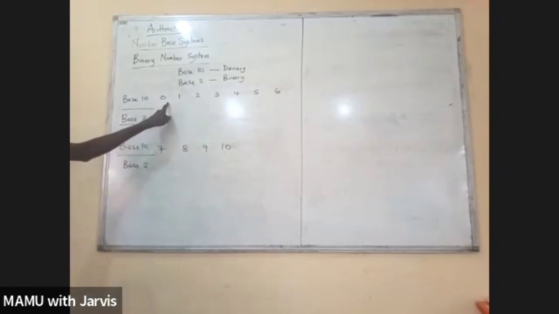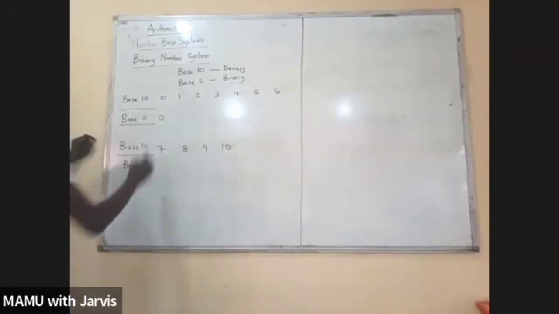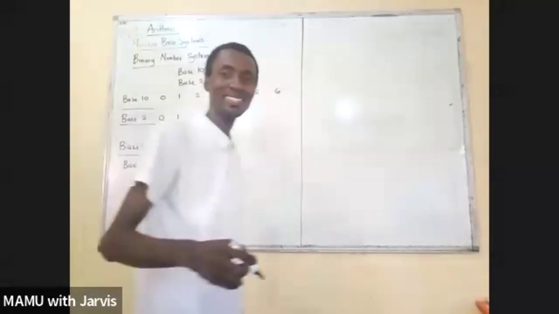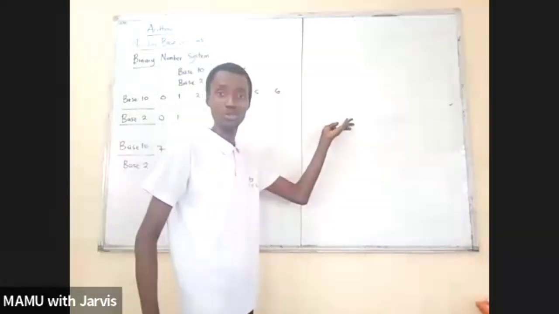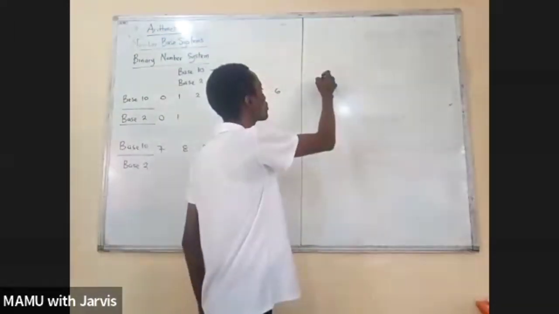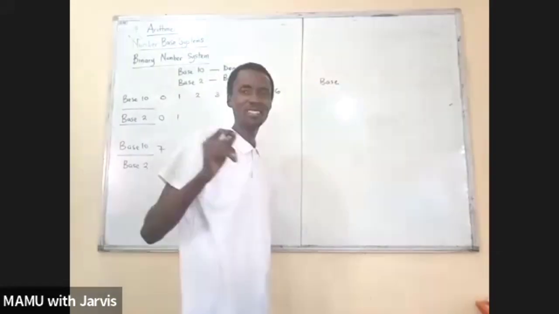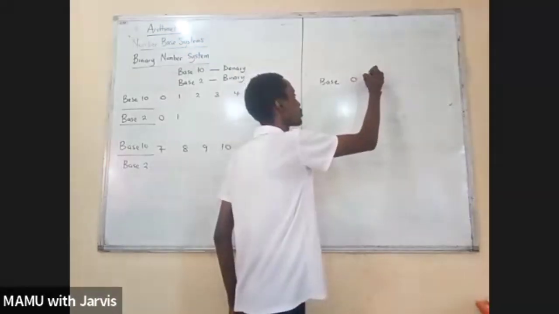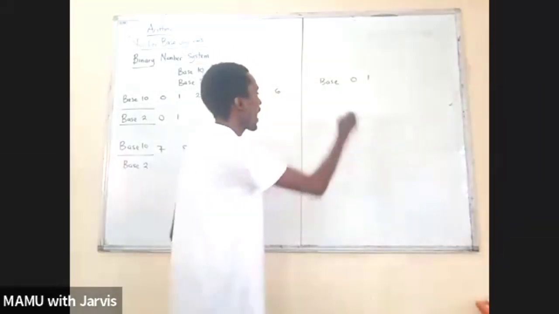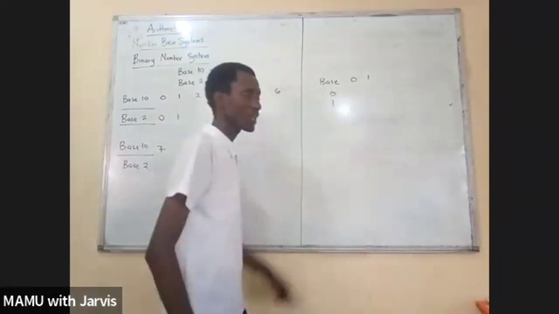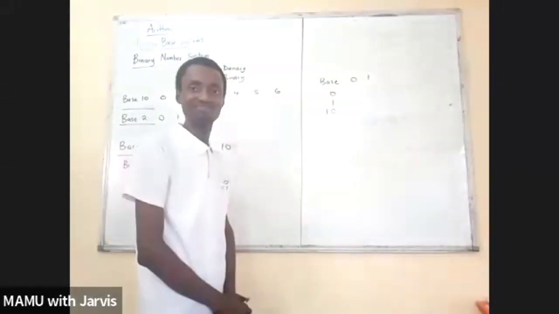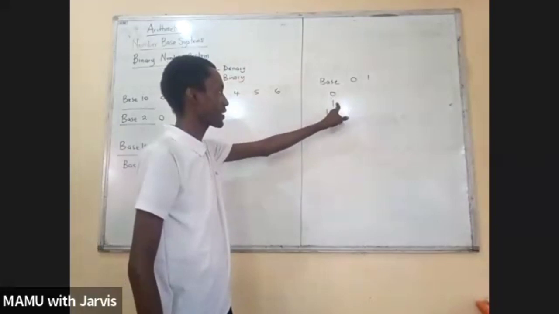For base 2, 0 will still be 0, and 1 will still be 1. Now I'm coming to this side of my board so you can see what's happening. For base 2, the digits you use for combination are 0 and 1.